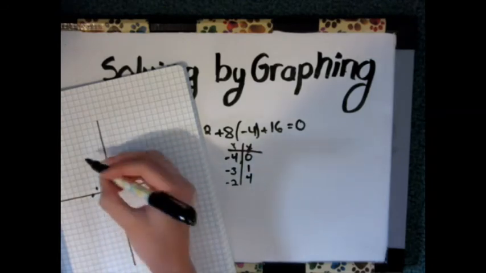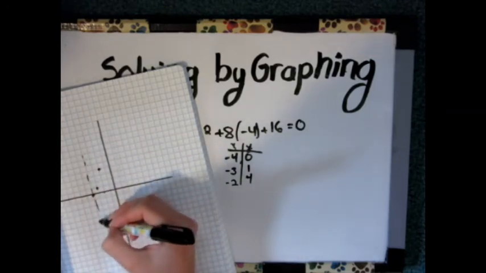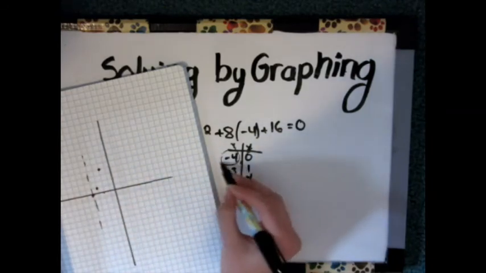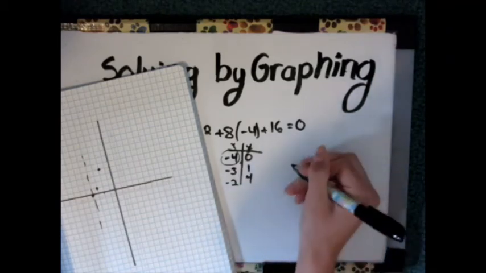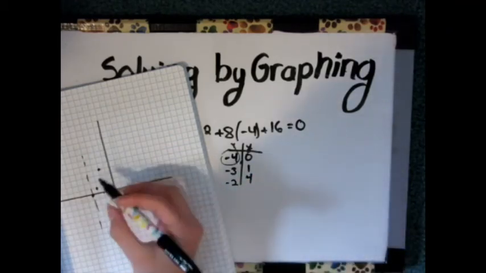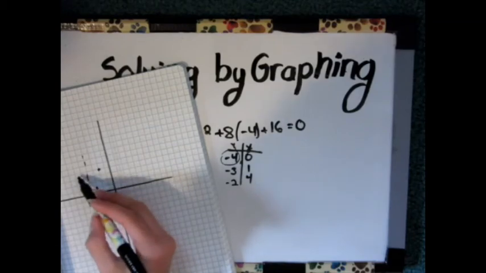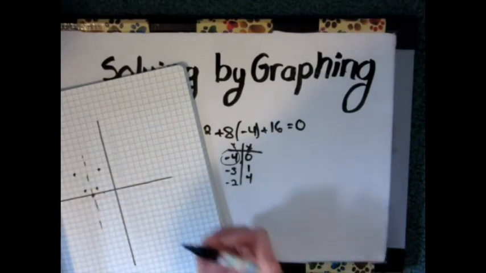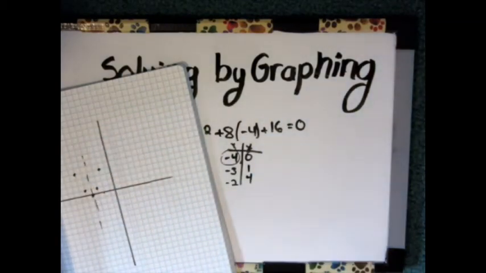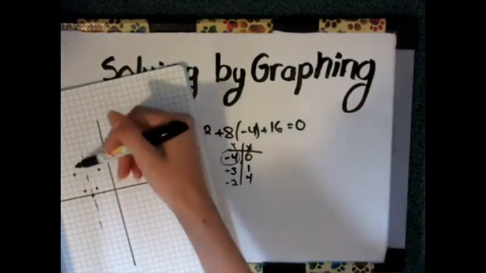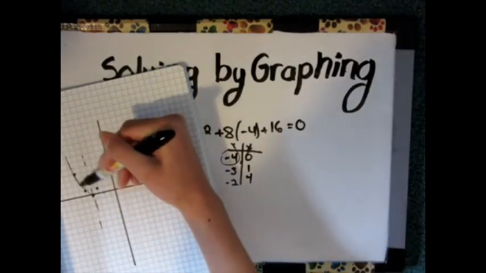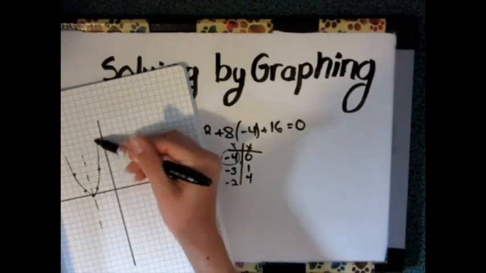And then again, you can just reflect it over your axis of symmetry, which is the x value of your vertex. That's your axis of symmetry. I'm just going to reflect it. There. Okay. And then you can connect it, and that's your graph for it.